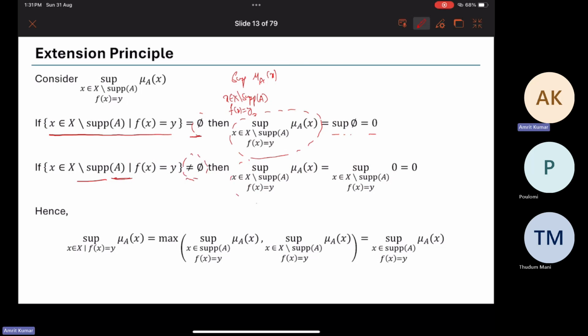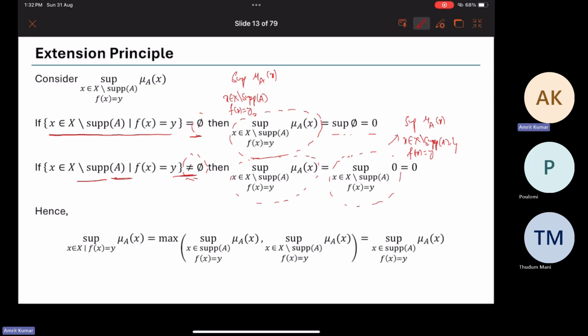Then we know that there exists such an x, so the set over which we are taking the supremum is non-empty.